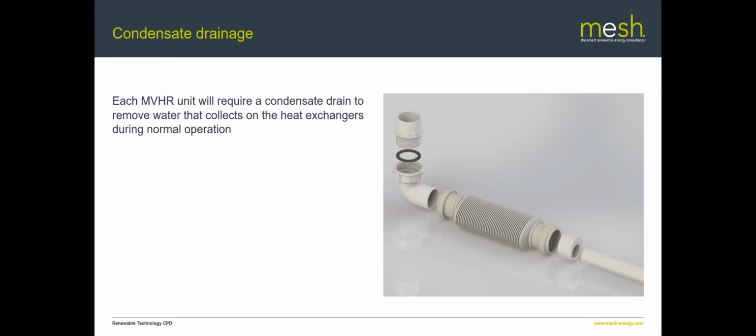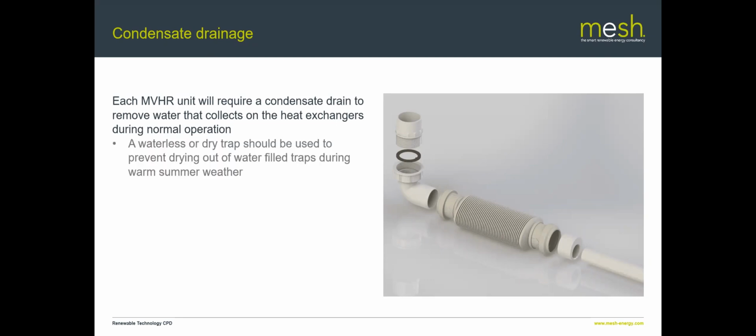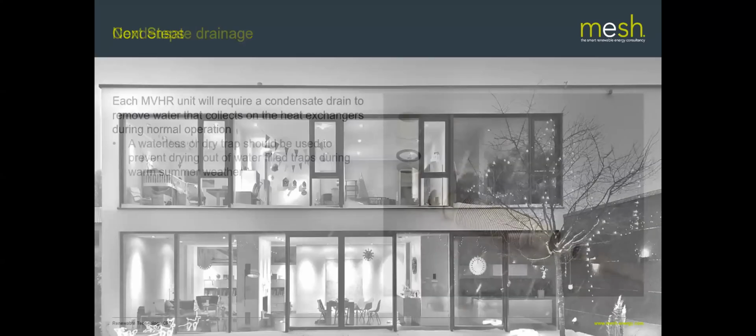Domestic MVHR units will have a little drain on the bottom of it, and that drain should be connected to a waterless dry trap, which is similar to the one that's shown on the screen. The reason for that is that water-filled traps can dry out during the summer, and then you can get drain smells coming back up into the unit. So it's much better, if possible, to use a waterless or dry trap rather than a water-filled one.